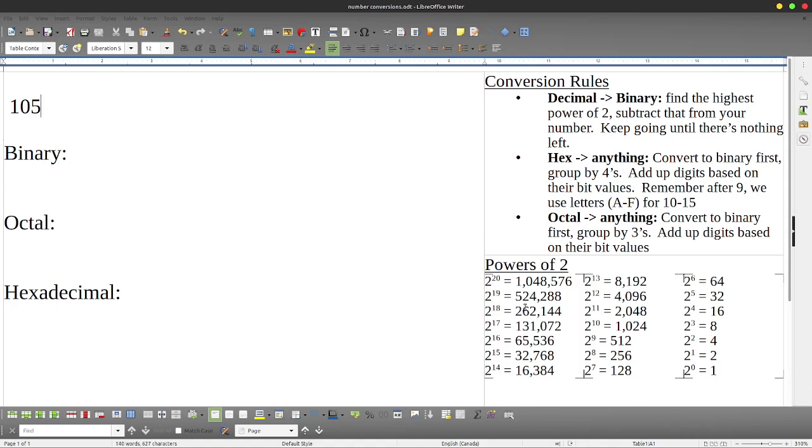So I've got my powers of 2 over here. You can memorize all these if you wish, but I'm going to show you the easiest way to remember them. And that's, I found, to remember benchmarks. So I remember 2 to the power of 10 and 2 to the power of 20, and then I can work my way up and down accordingly. 2 to the power of 10 is pretty easy to remember because it's 1024, which is, that number comes up a lot in computing.